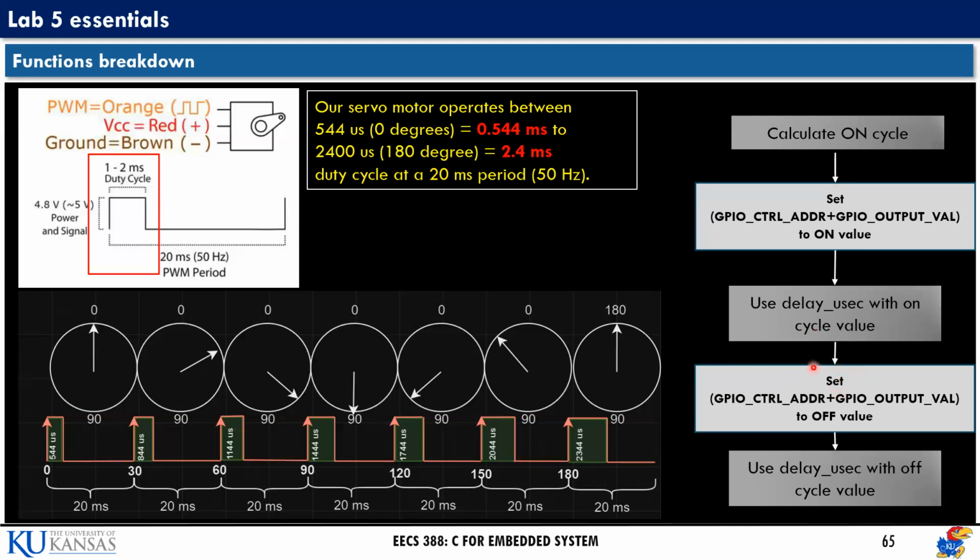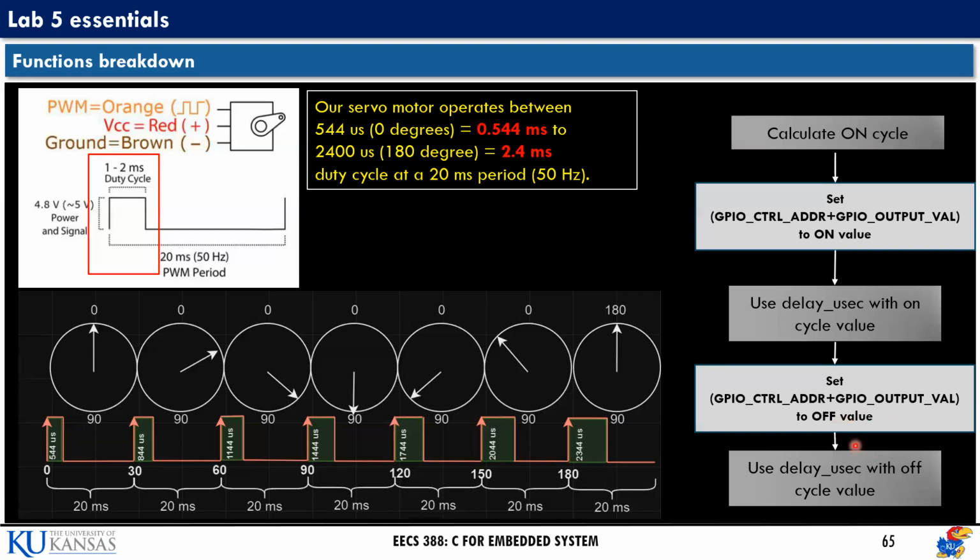As you can see here, after calculating the delay, we are turning off the output value. We are giving the off value to this output value register after this amount of delay.